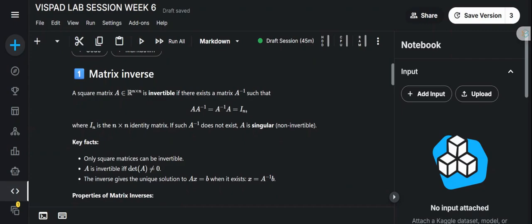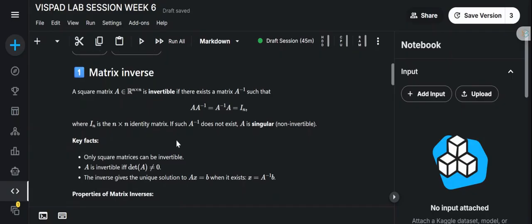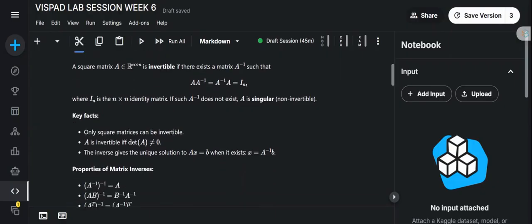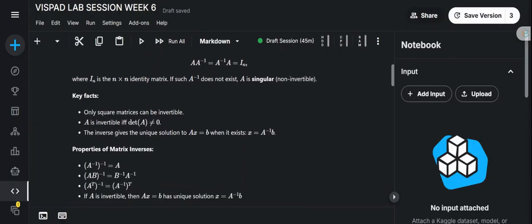Specifically, you can only find the inverse of a 2 by 2 matrix. As I said, not just 2 by 2 matrices, but generally square matrices.